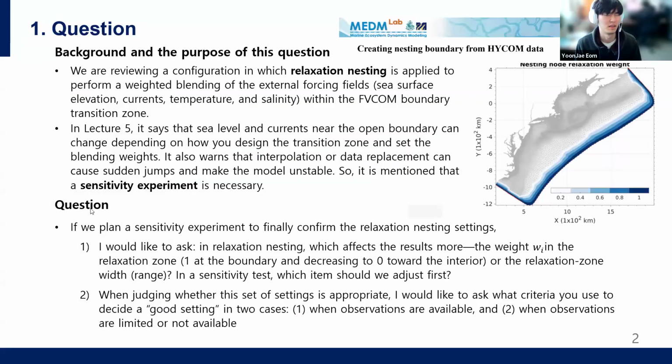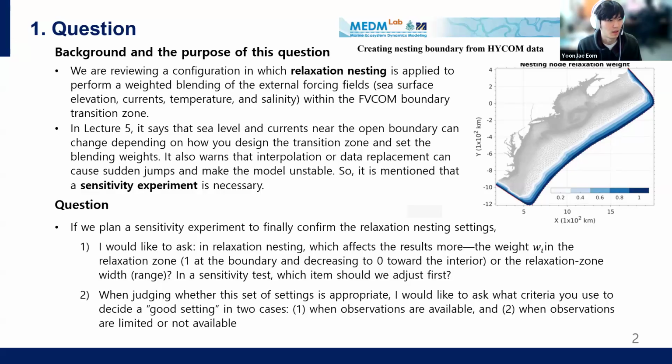My question is about relaxing nesting in FVCOM. When applying relaxing nesting in FVCOM and planning a sensitivity test, I would like to ask two questions. In relaxing nesting, which has a stronger impact on the result, the weight or the relaxation weight zone?